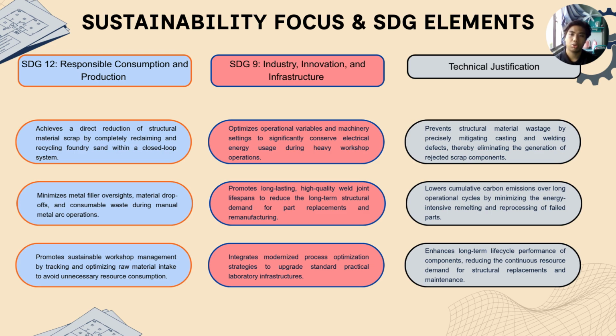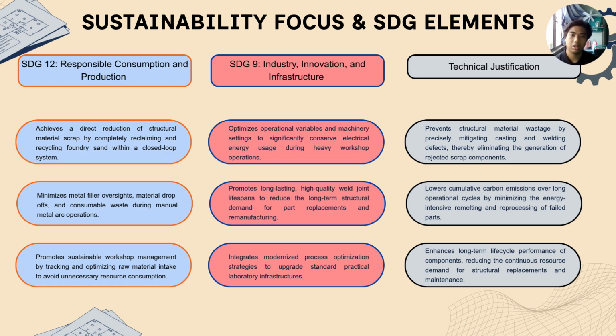Now let's move on to the second column, which is SDG 9, industry, innovation, and infrastructure. First, we optimize our machine settings and process variables. This will help us reduce massive amounts of electrical energy during heavy workshop tasks. And second, we focus on making high quality, long-lasting weld joints.